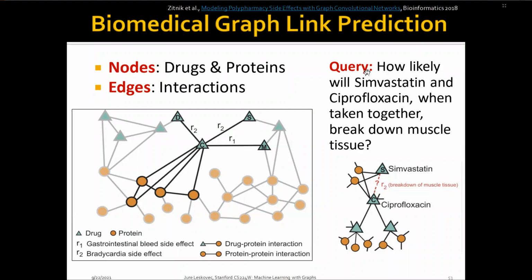For example, the query is how likely it is that taking these two together will break down muscle tissue. So in this case, it's like predicting the label of the edges. Let's say you have lots of side effects. That is the label that you want to put on the edges of these drugs.